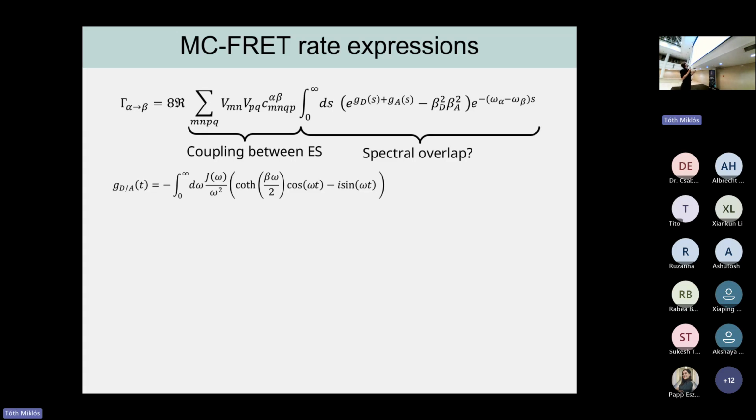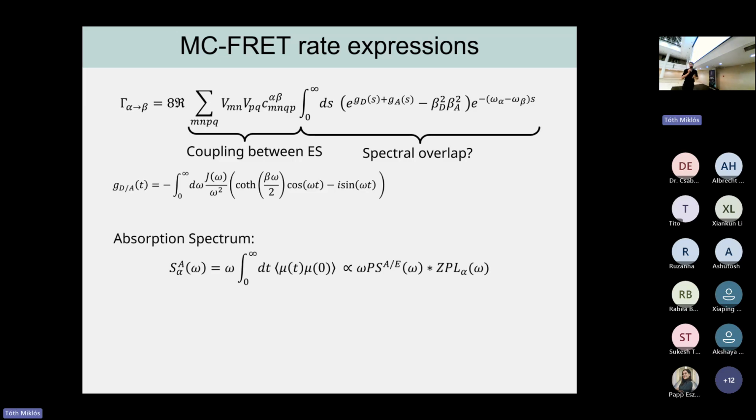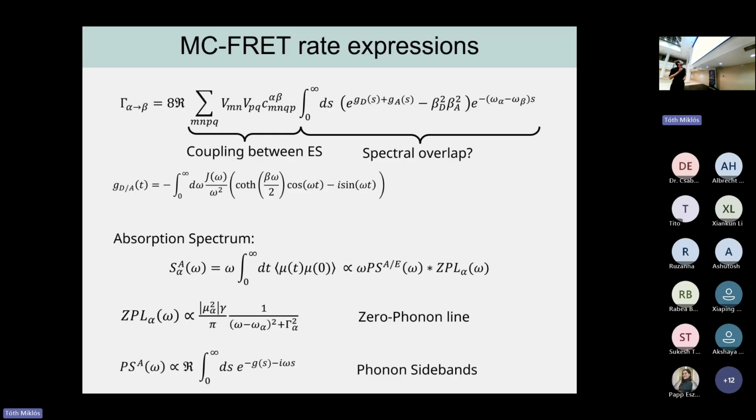For this, you can derive an expression for the absorption spectrum by calculating the Fourier transform of the two-time correlation function. And what you see is, interestingly, that the absorption line of each eigenstate is a convolution between what you can call a zero phonon line, which is effectively a Lorentzian line associated with the finite lifetime of your eigenstate in the polaron master equation, and the so-called phonon sidebands, which are associated with the absorption and emission of phonons.